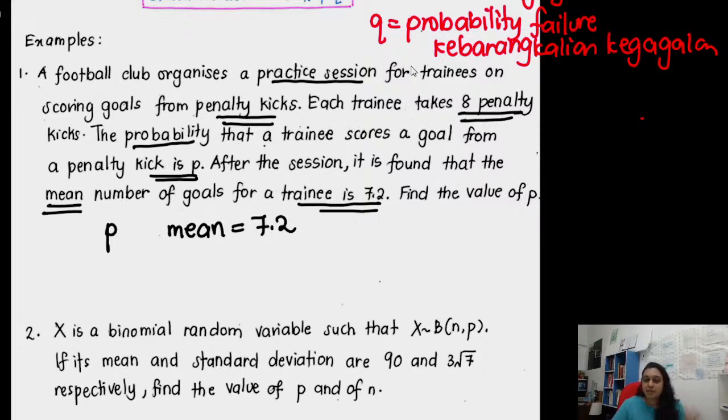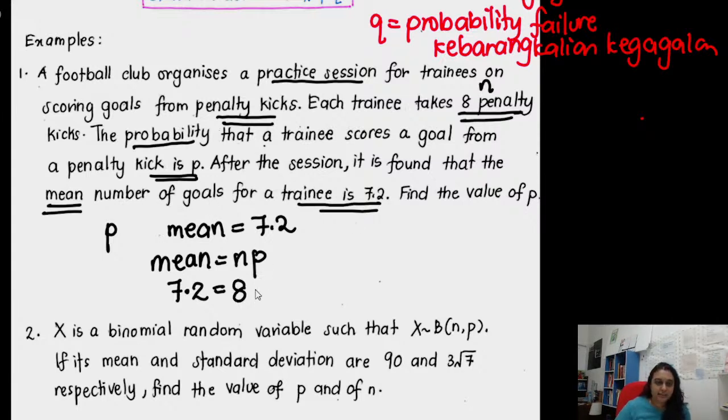We know the formula for mean is N darab P, isn't it? So the 7.2 you substitute at the mean there. Do we know what our N is? Yes, we know our N, because N is how many times they do the experiment. Here, how many times did they take the penalty kick? 8 times. So that is your N here.